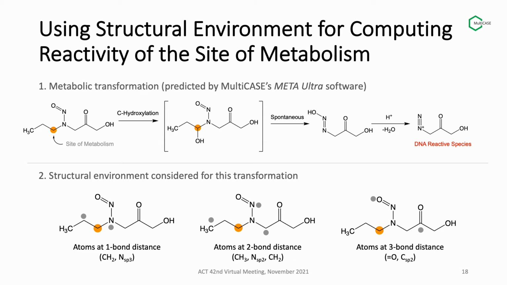The orange dot is the site of metabolism, specifically the site of alpha hydroxylation, and the gray dots on the bottom part of the slide show the different atom types present around this orange dot. These different atom types encode the structural environment, and they are taken into consideration to find out that yes, the site would undergo a hydroxylation successfully.